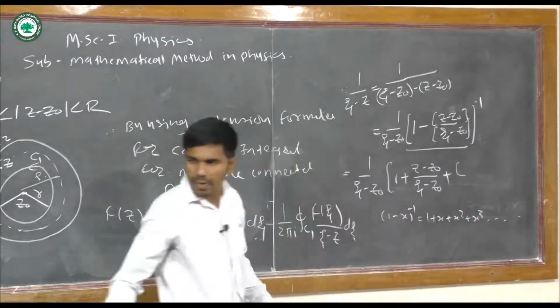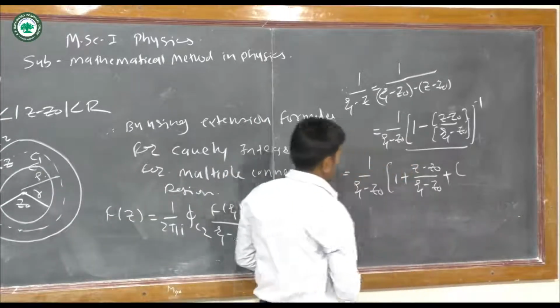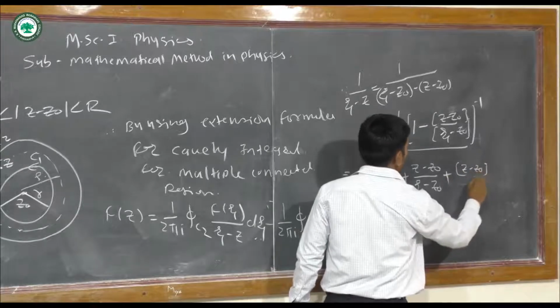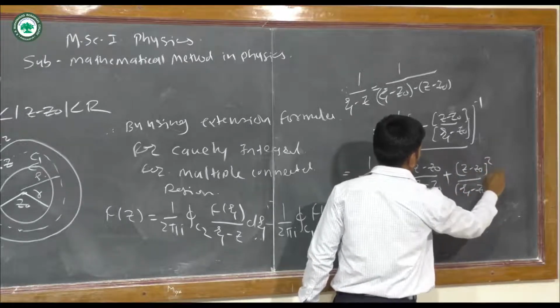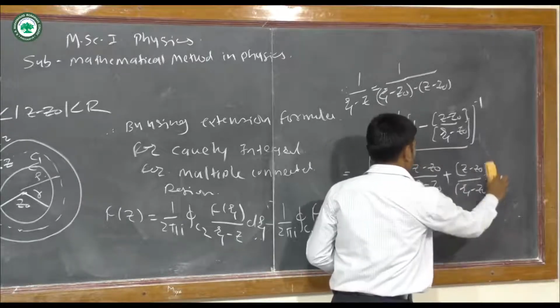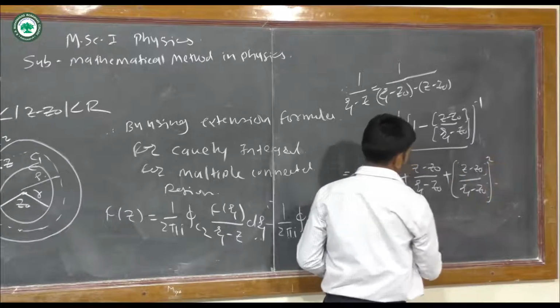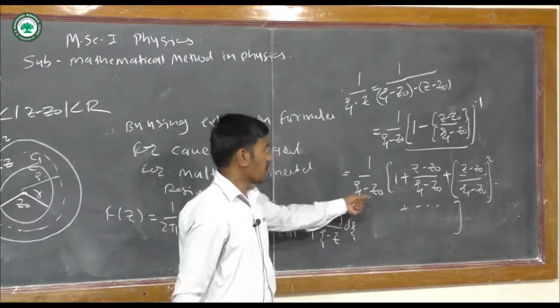So the third term is (z minus z naught) divided by (psi minus z naught), whole square, and plus so on up to n we can expand this series.